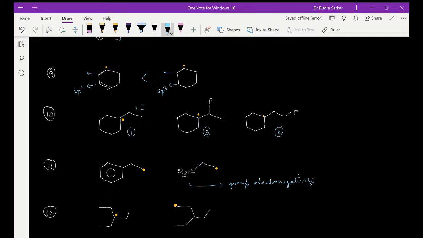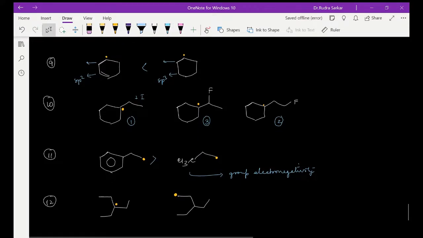So as a group, CCl3 is more electron withdrawing than the phenyl, and so we will say the first one will be more stable than the last. Again, out here we can see donation happens from 3 such carbons, whereas here only from 1 carbon. So the 3 will be more stable than the 1.